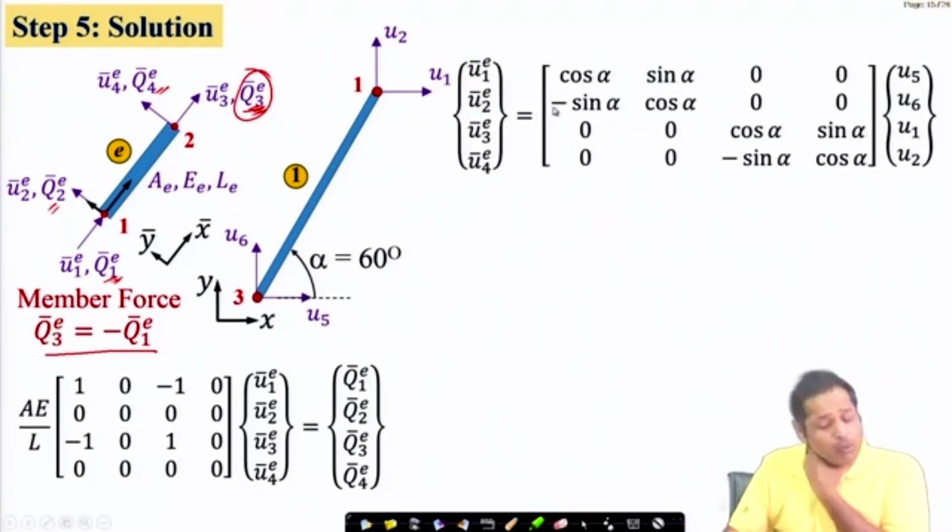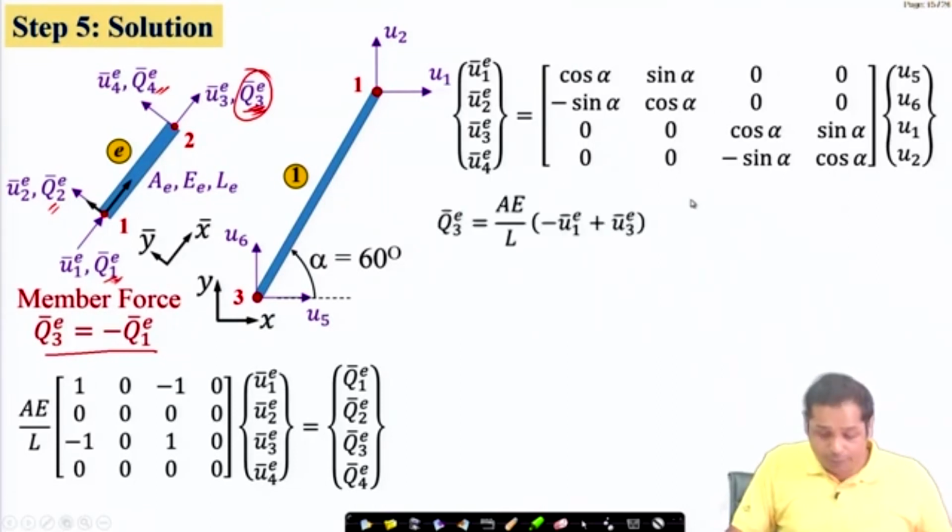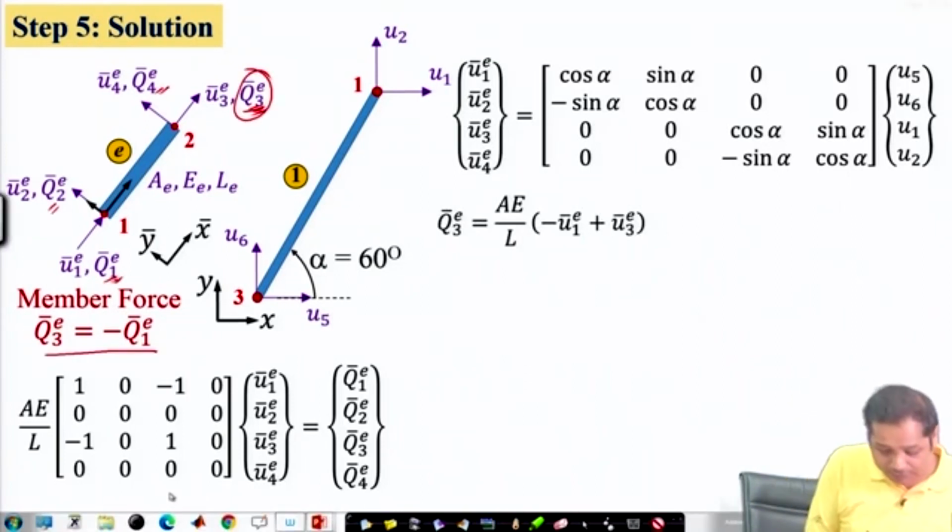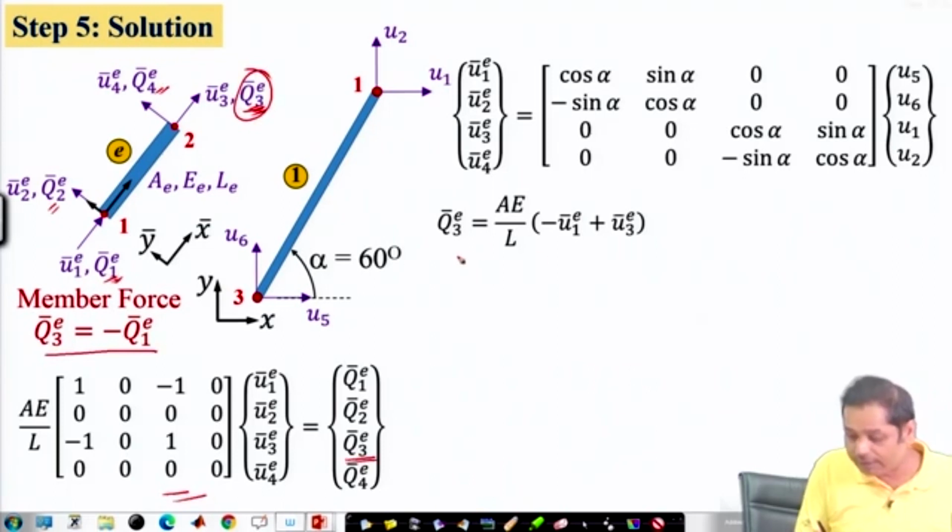How is it to be done? We know that the displacements in the local coordinate system and the global coordinate system are related like this. Okay. Now from this equation, we will see that Q3 can be written as this.